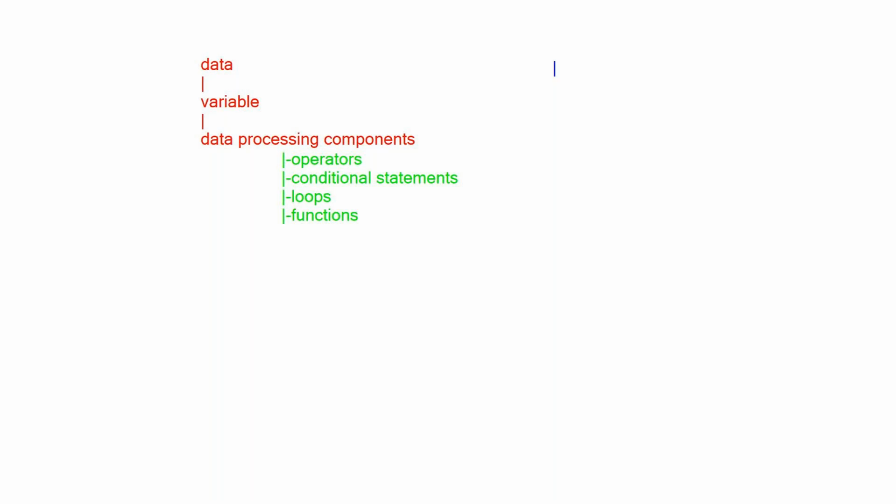To process data, we need data processing components: operators, conditional statements, loops, and functions. Functions contain loops, loops contain conditional statements, and conditional statements contain operators.